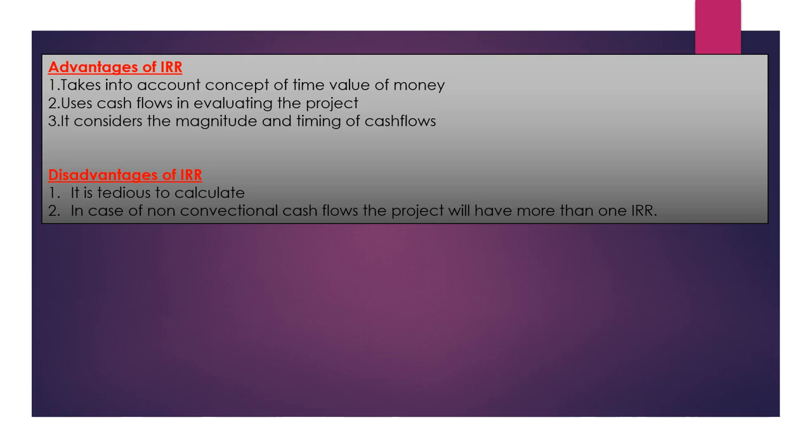Non-conventional cash flows are cash flows that keep on fluctuating from positive to negative. Let's say, for instance, in the first year you get a positive cash flow, the next year you get a negative cash flow, the third year you get a negative cash flow, the fourth year you get a positive. So that's the non-conventional cash flow.